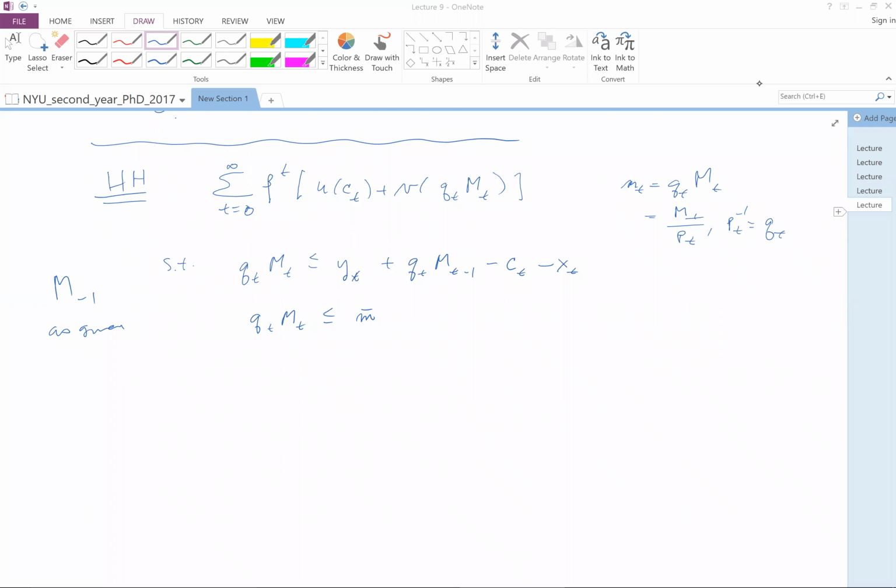Okay, so what the government is going to choose, the government has a sequence of government budget constraints. One for each t. It faces M_{-1} as a given initial condition.